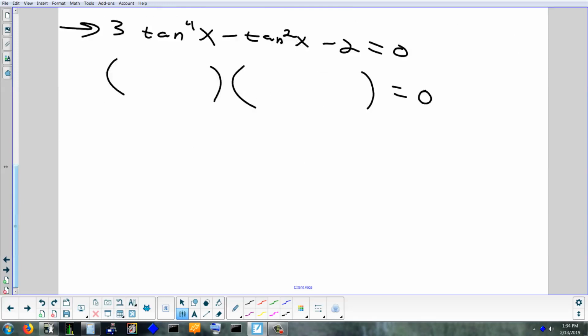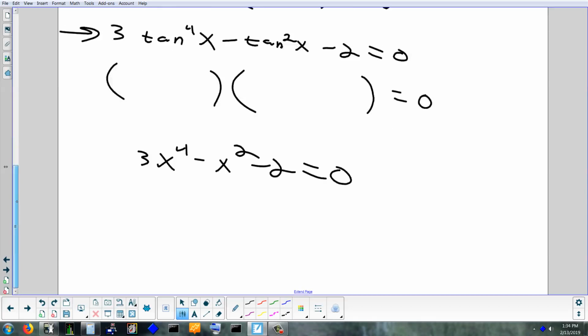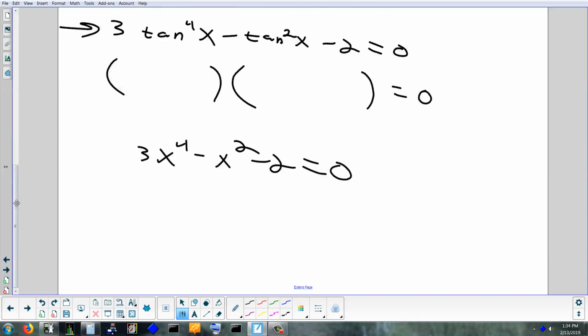What you're trying to factor is just like factoring this. If you're going to factor the one at the bottom, what would be your first two terms? Like you could multiply what times what and get 3x to the fourth.